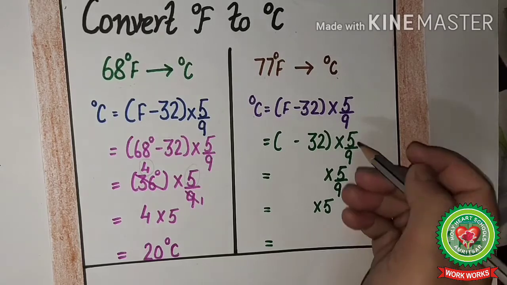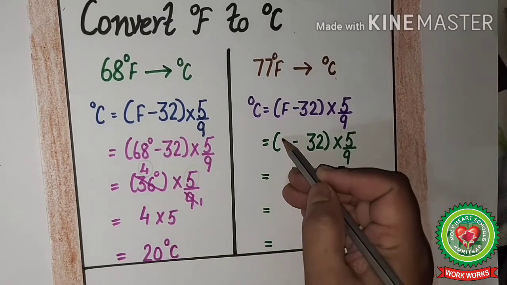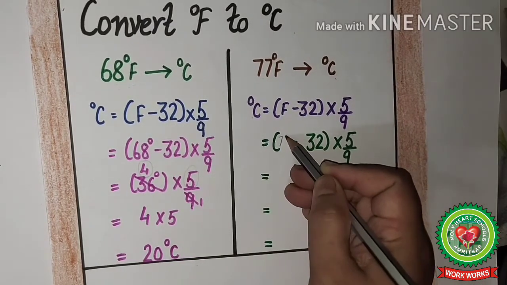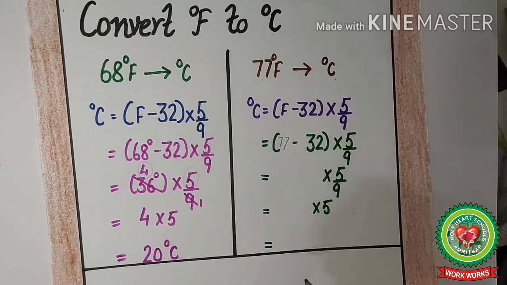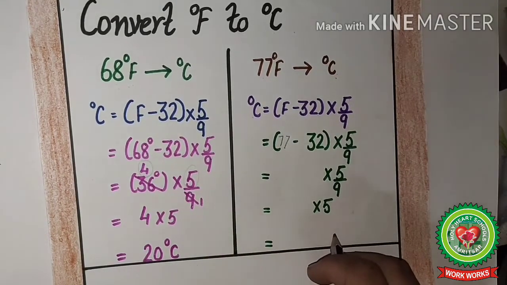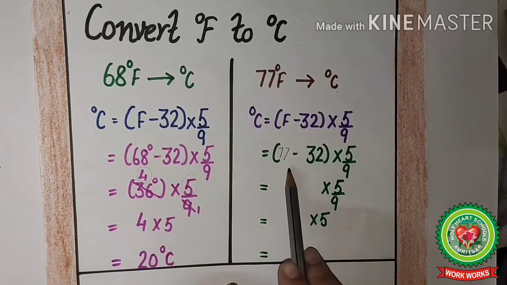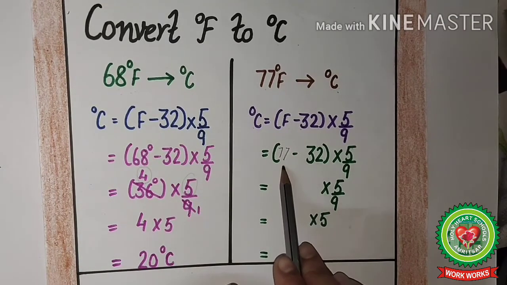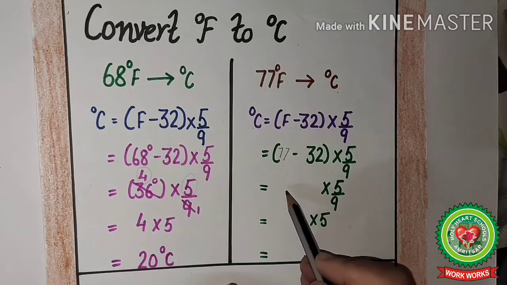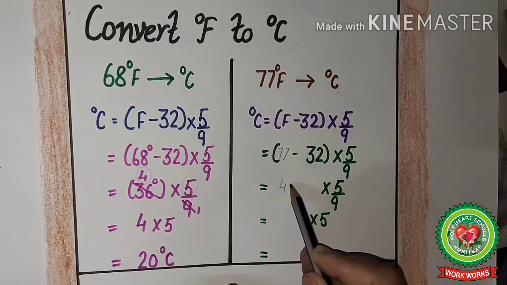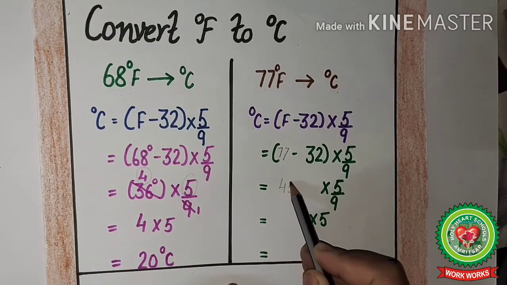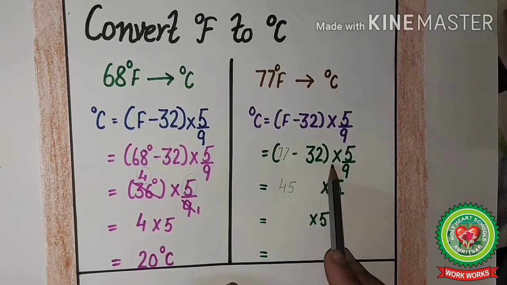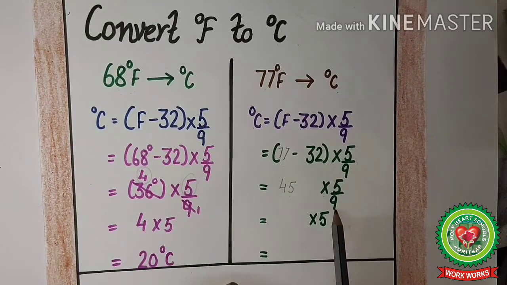F is 77. So put 77 in the place of F. So solve the bracket. 77 minus 32, that is 45. So put 45, multiply as it is, 5 upon 9 as it is.